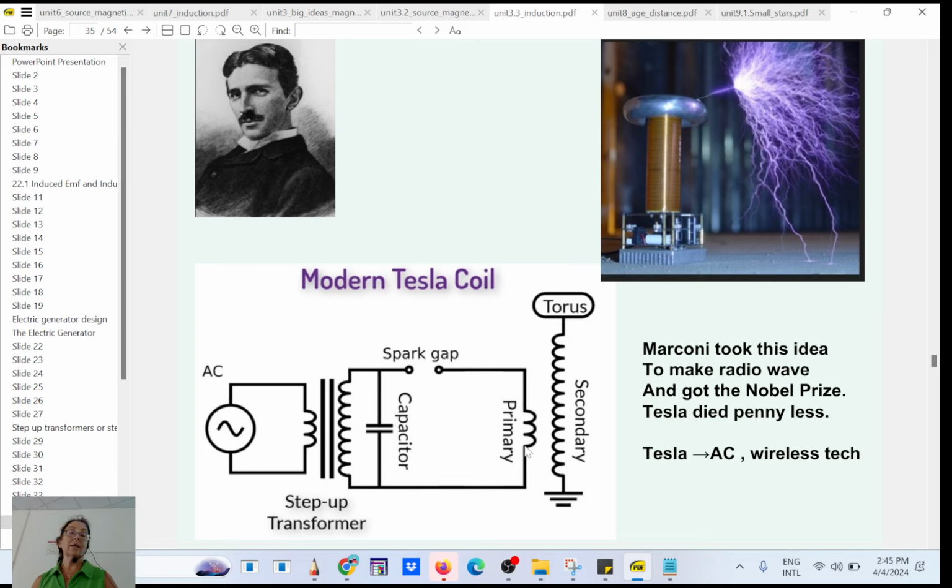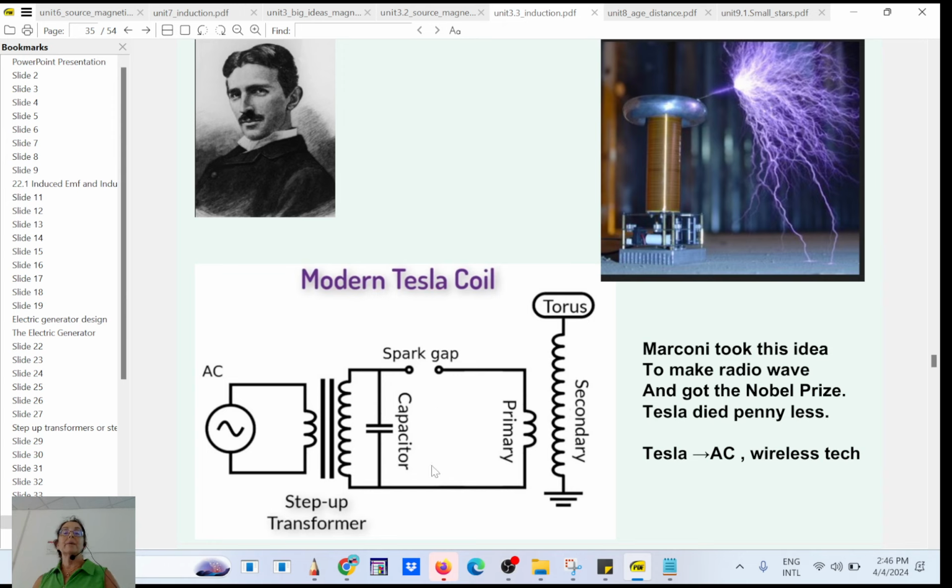And here, again, you have a transformer and you're going to step up the voltage to 100 or maybe 1000 volt. With 1000 volt, the current will be very small. So it's very small current, very high voltage, and you can have a huge discharge. In addition to that, he was not a good businessman.